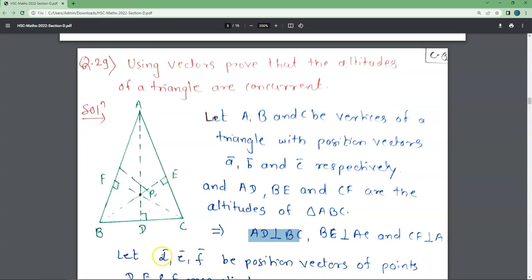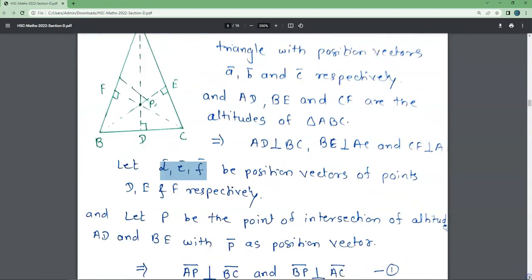So let D bar, E bar, F bar be the position vectors of the points D, E, F on the triangle, respectively.